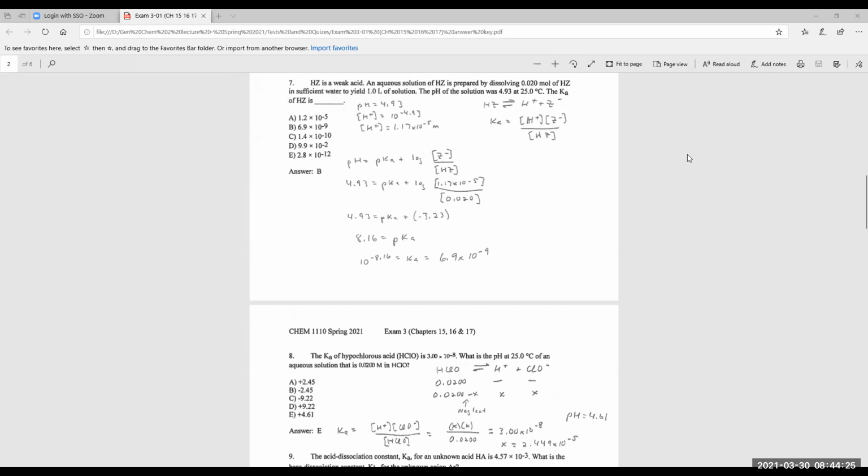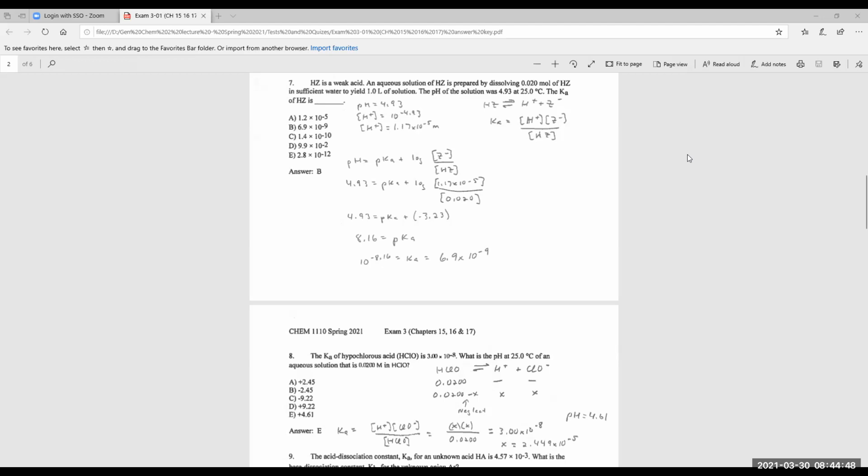So what you could use is that Henderson-Hasselbalch equation, pH equals pKa plus log, in this case, of Z minus concentration divided by Hz concentration. If we think of what the equilibrium expression is, it's Hz going to H plus Z minus.